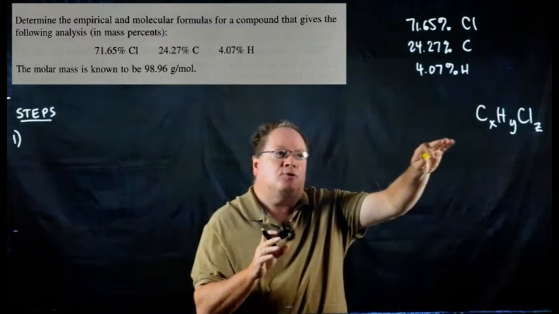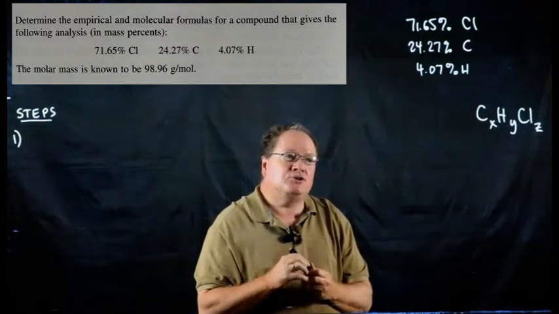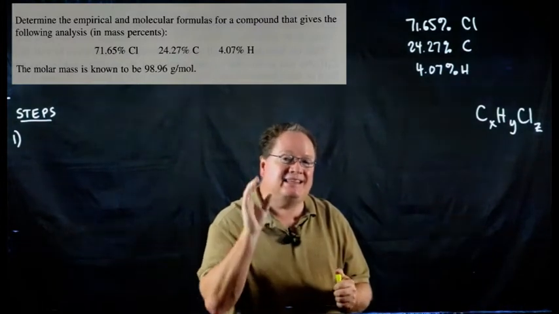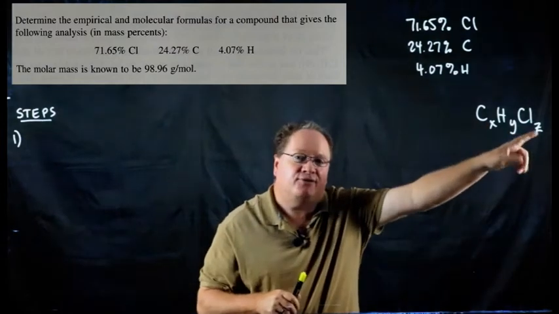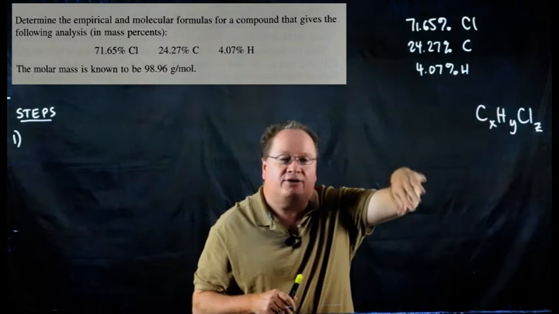Now you might ask, why did you put chlorine last? Why is carbon first? Compounds are normally written so that the most electronegative element is the last one, furthest right. Chlorine has a higher electronegativity than either carbon or hydrogen.